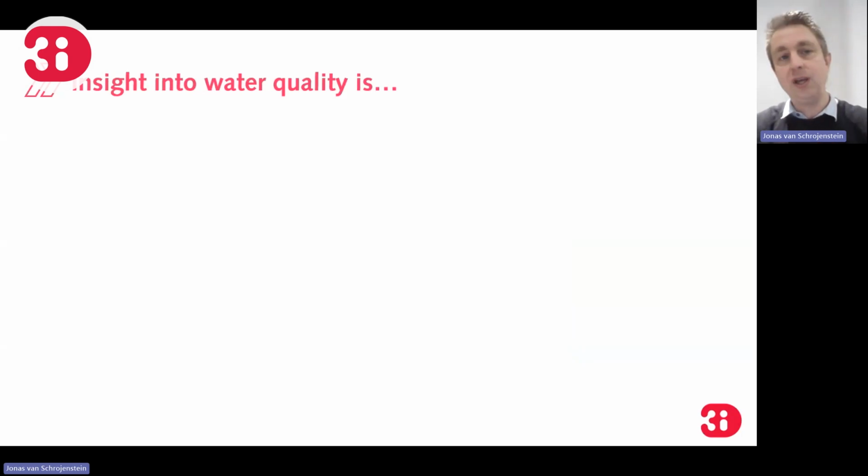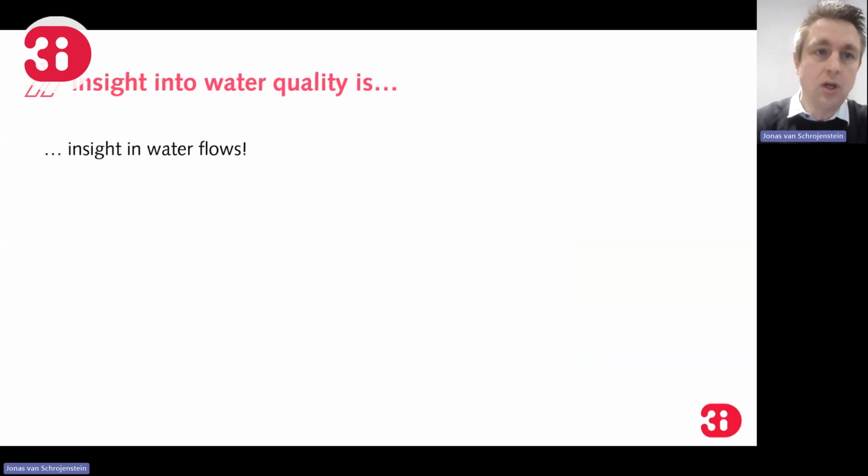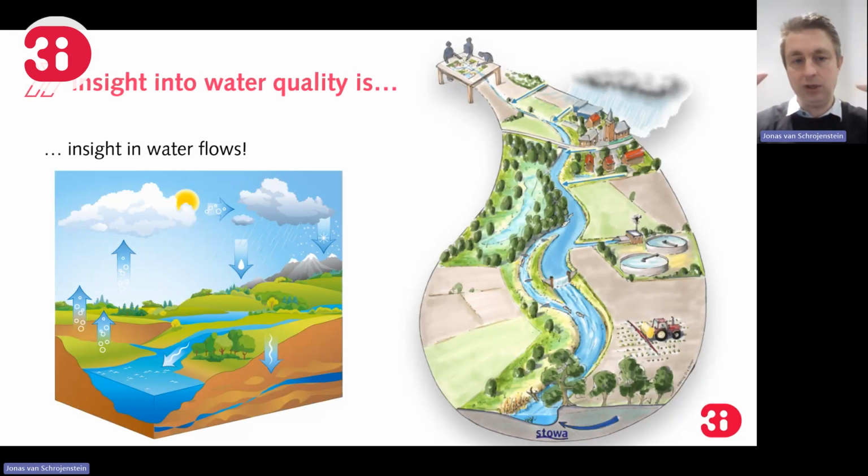But first of all, to be able to say something about water quality, you need to know how the water actually flows. So with 3DI, we have adopted this approach that we follow every drop of water above and underground. So you can model rivers, you can model sewage systems, you can model the groundwater tables.